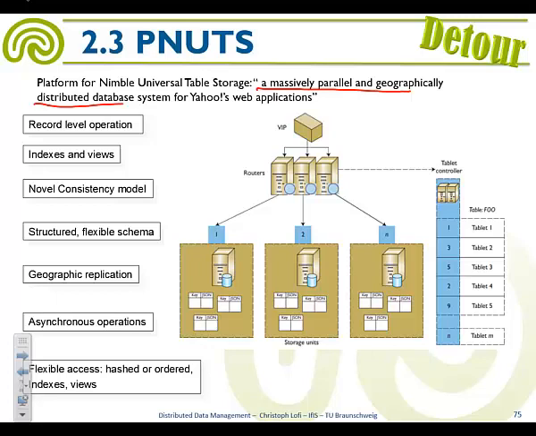And so it goes like this. In PNUTS, data is organized in tables. But the cool thing about this is that you basically have a key-value store.